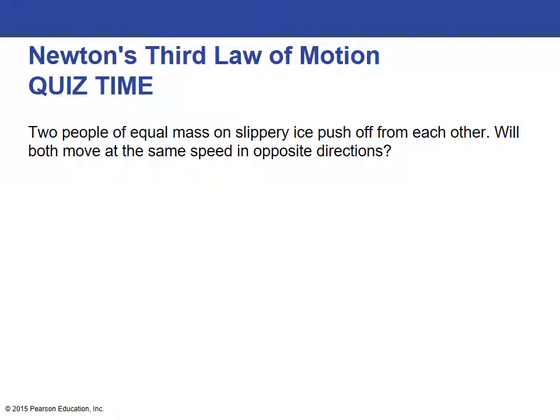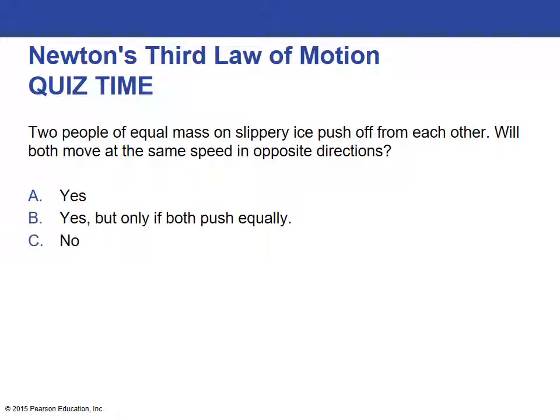So you and I have the same mass, and we are on slippery ice, and we push each other. We put our hands together, we both push back. What do you predict happens with our speed and our directions? Will we have the same speed in opposite directions, so long as we both are equally strong and one of us does not push harder than the other?